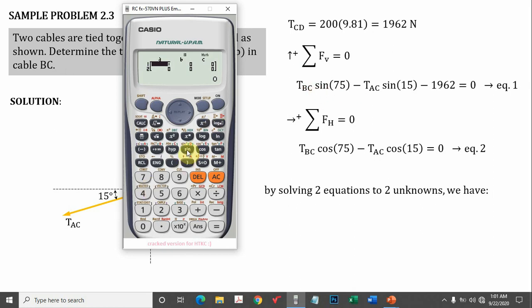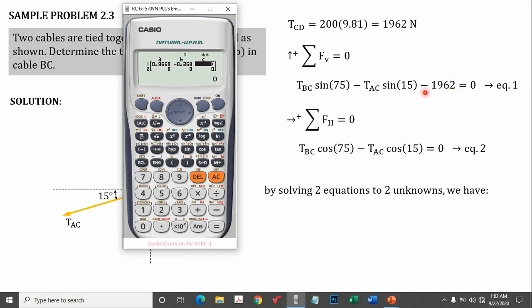So input lang tayo ng sine 75, equals lang tayo, and then minus tension AC sine 15 degrees. So what is the coefficient of tension AC, and that is negative. Okay, negative sine 15 degrees. Input lang natin yung ganyan. So negative yan. Okay, so take note lang tayo. Minus 1962 Newton ito.